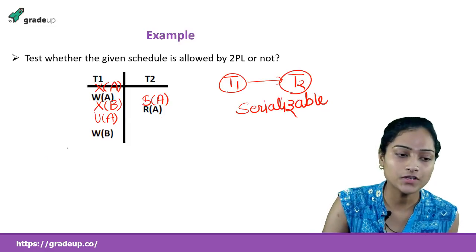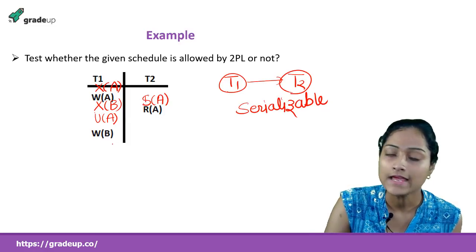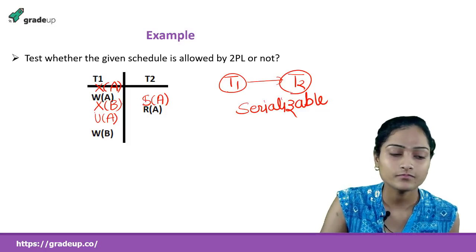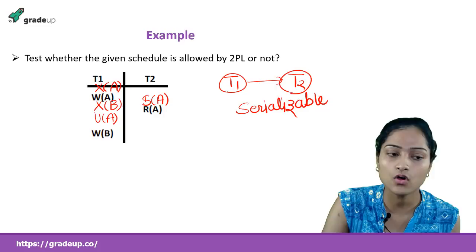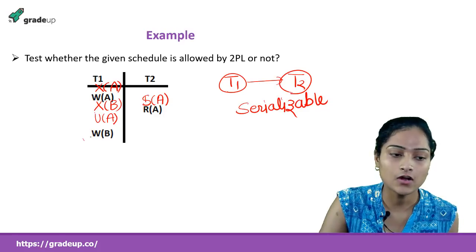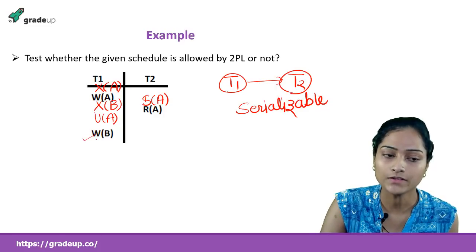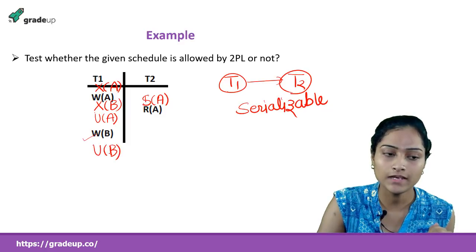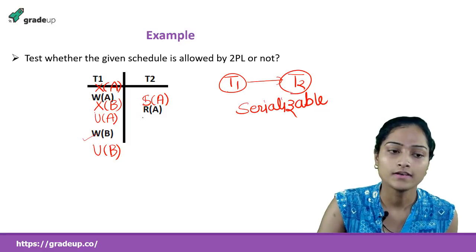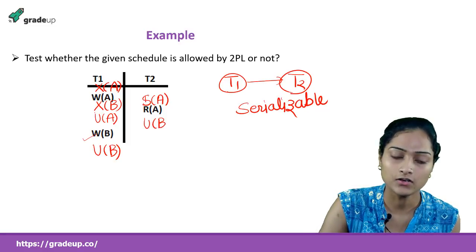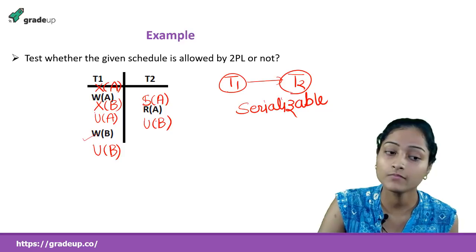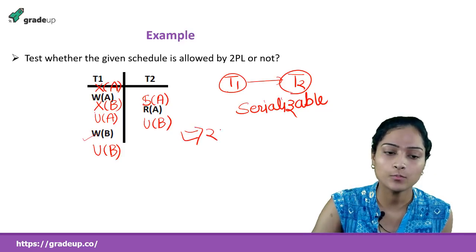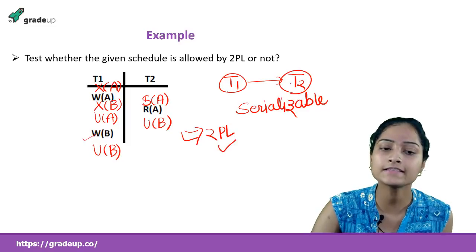Now, the next operation is a write on B. Transaction T1 has already taken an exclusive lock on data item B, so it is allowed to perform this operation. Then we start unlocking data item B in transaction T1, and now transaction T2 will start unlocking data item B here. So, we can say this schedule is allowed by 2PL and it is serializable.